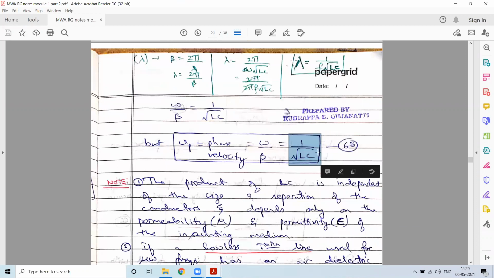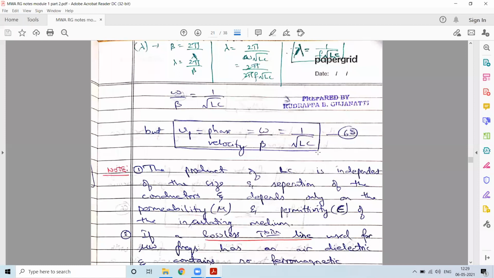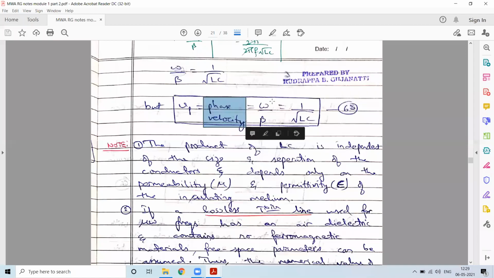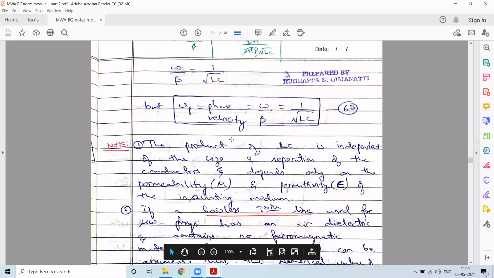Now based on this, we have a few considerations. The phase velocity in vacuum or in lossless transmission lines will be equivalent to the speed of light in vacuum. If it is a lossless transmission line, this phase velocity will be equivalent to c, that is the speed of light in vacuum.